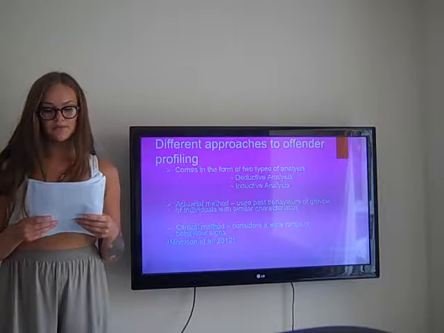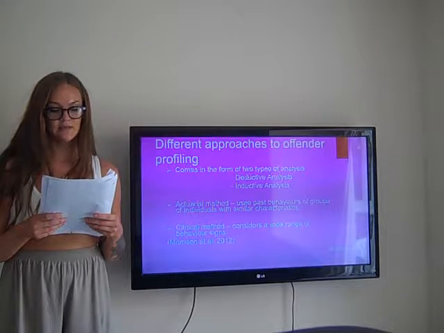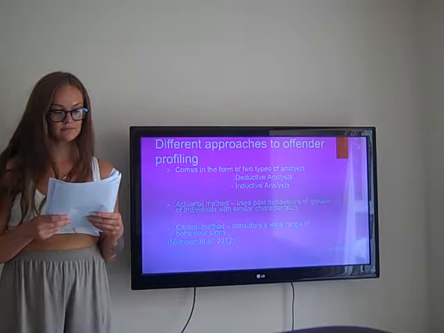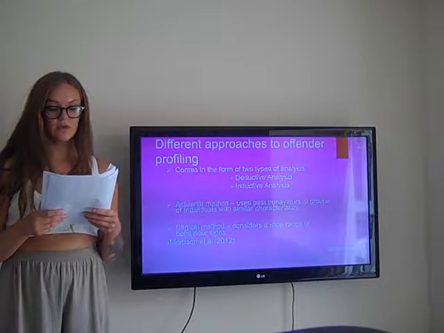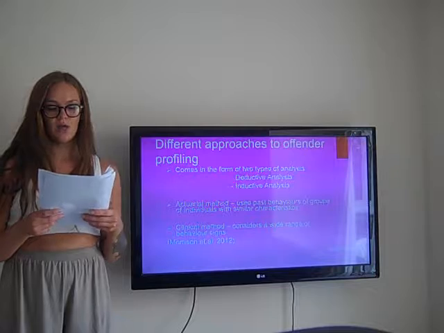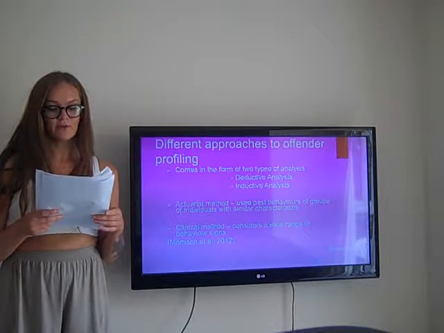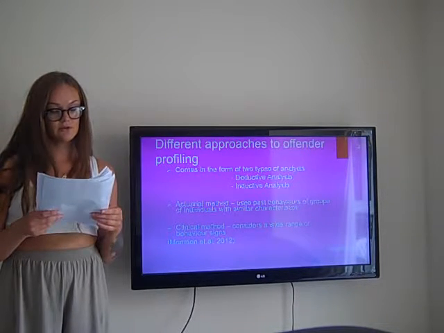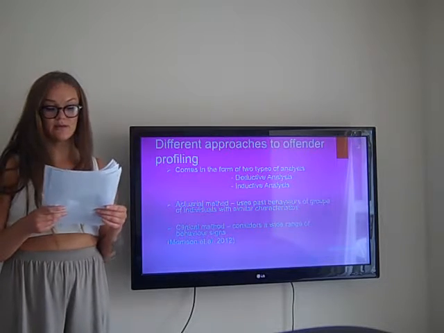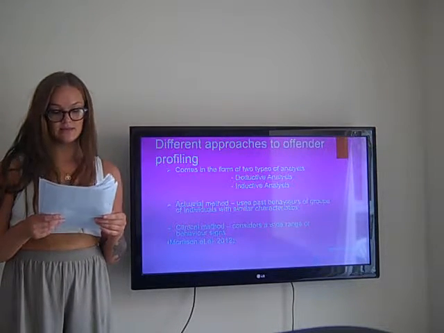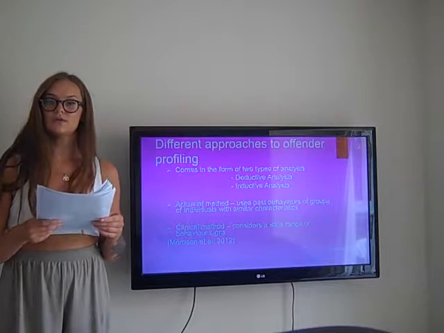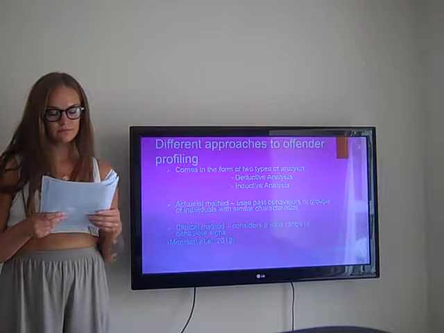There are two different types of analysis that can be utilised when attempting to profile an offender. The first is deductive analysis, which works from general information to more specific. This approach is also known as the top-down approach. The second is inductive analysis, which aims to generate theories based on specific instances and events, commonly known as the bottom-up approach.